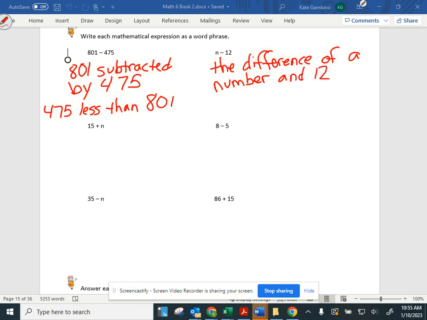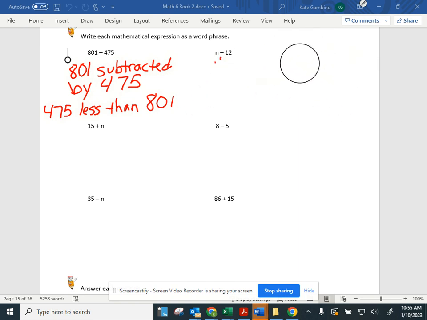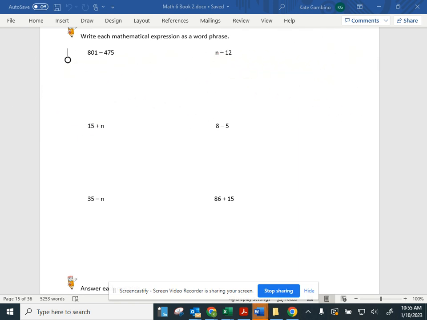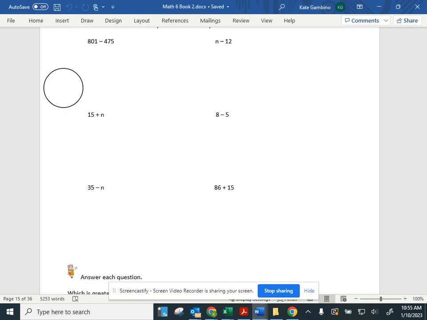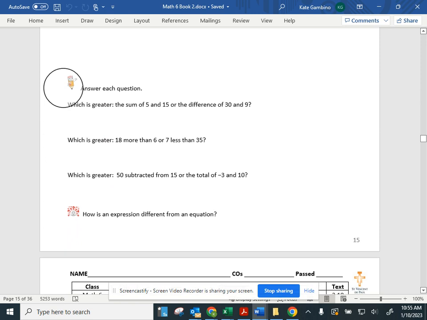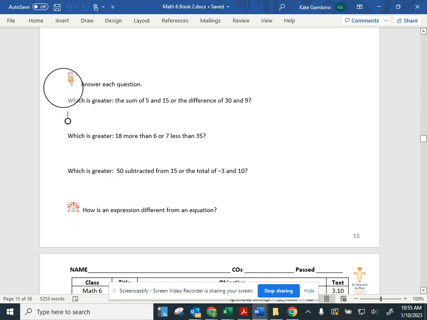So when you see the variable, you call it a number when you're writing it out. Let's scroll down. You're going to finish up that section. Then we have some questions that you have to answer.